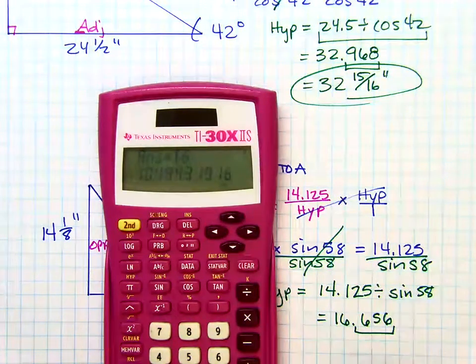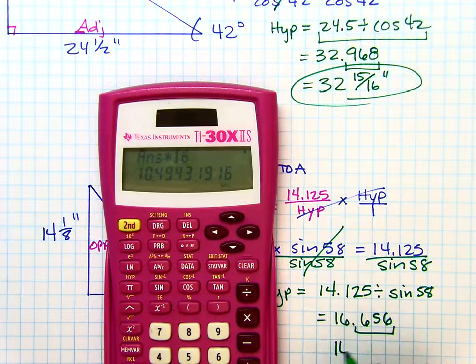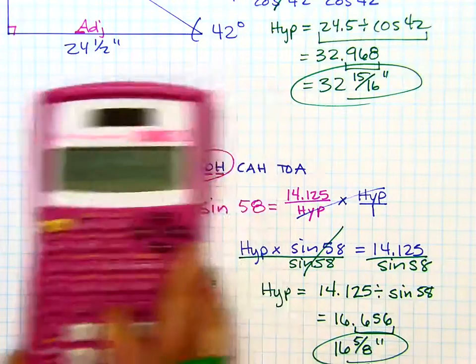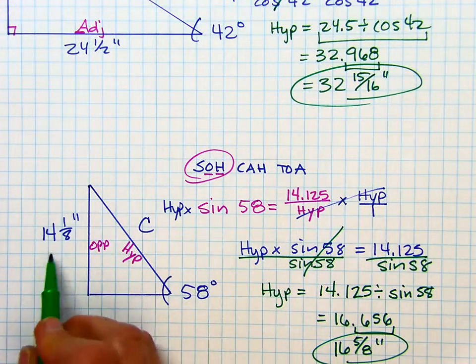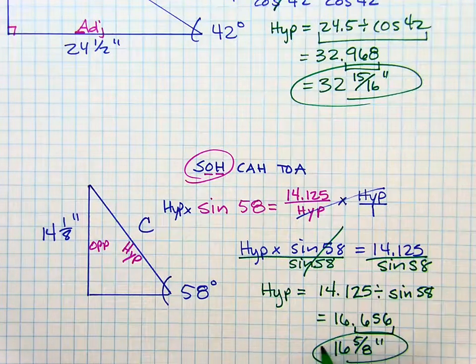And I get 10.4, so that's going to be 5/8. So 16 and 5/8. And is this, in fact, bigger than this opposite? It is. So this answer is reasonable.